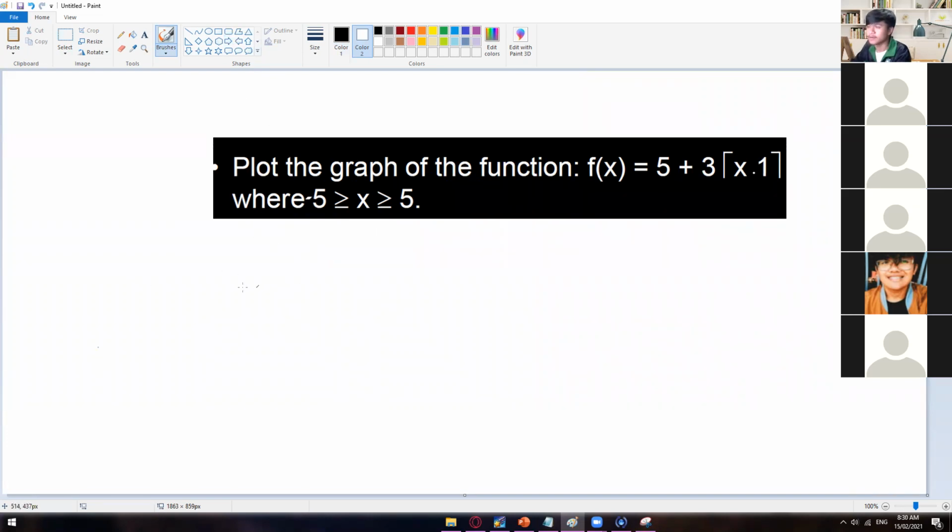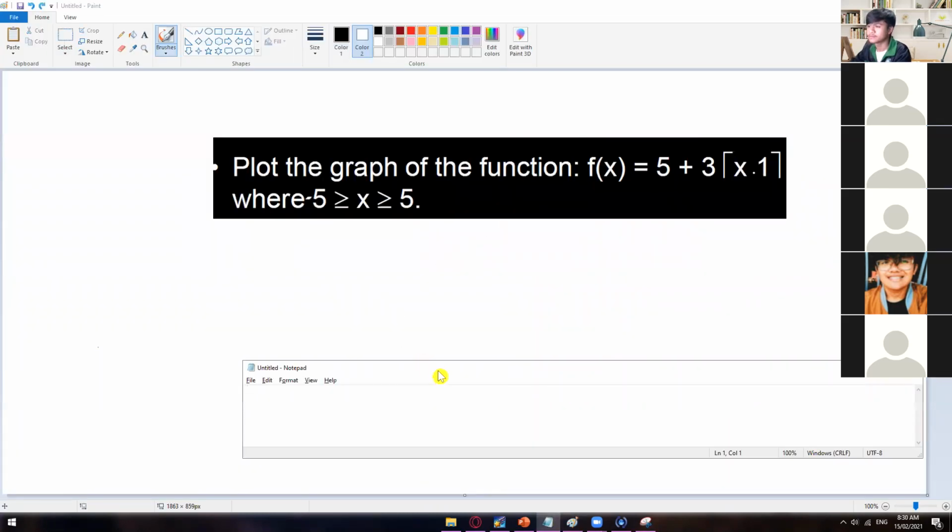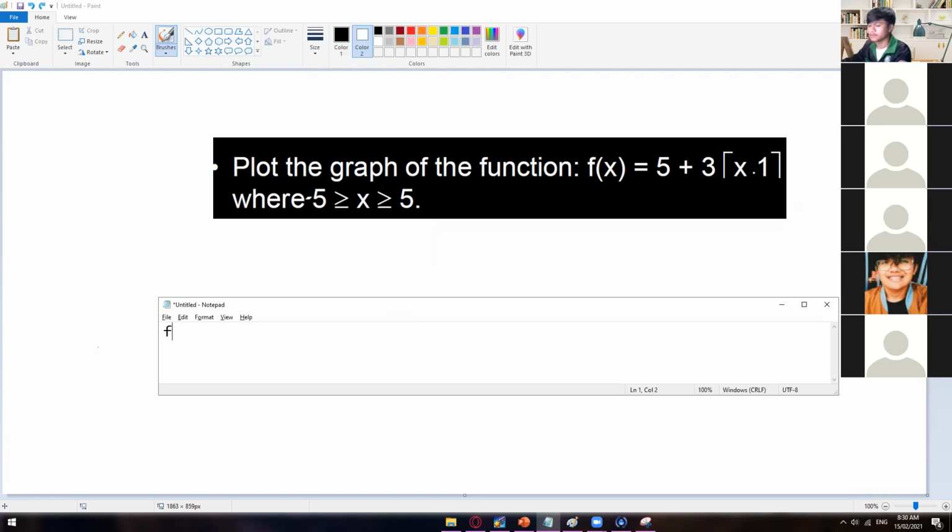So let's now list all of the ordered pairs. I think it's kind of difficult in here, so we'll just use Notepad. F equal to, so how many ordered pairs do we have? 4, 5, 6, 7, 8, 9, 10, 11.